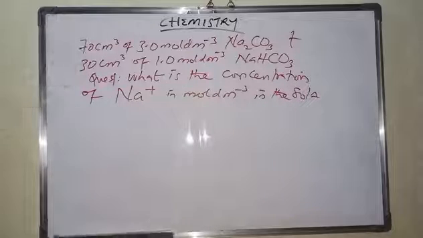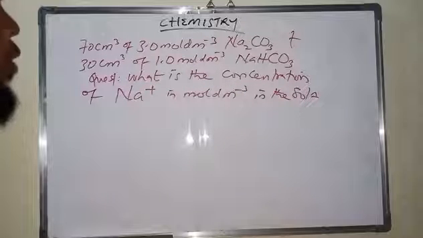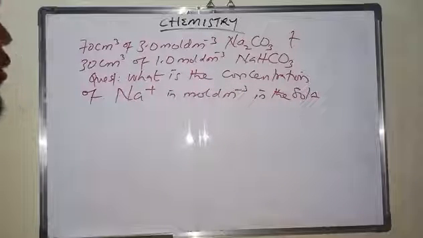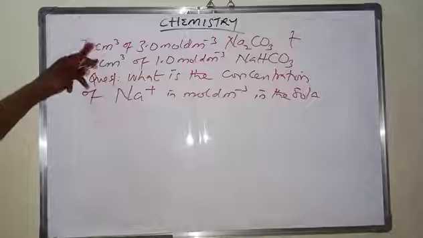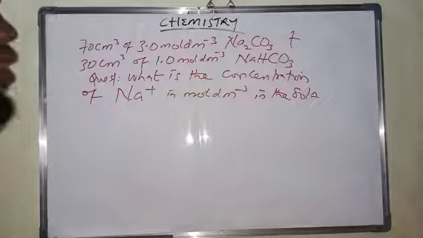So we have a mixture of these two, sodium carbonate and sodium hydrogen carbonate. And of course, this is the volume in centimeter cube of each. They were given the concentration as well.